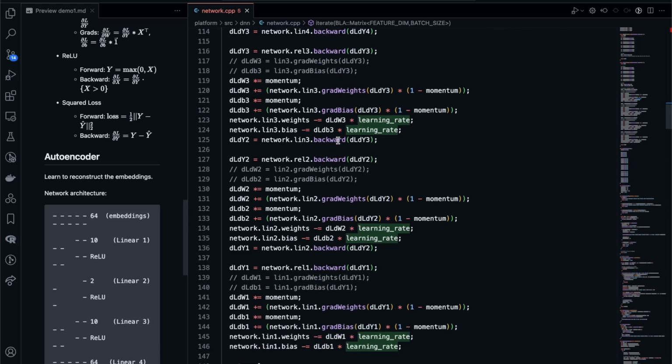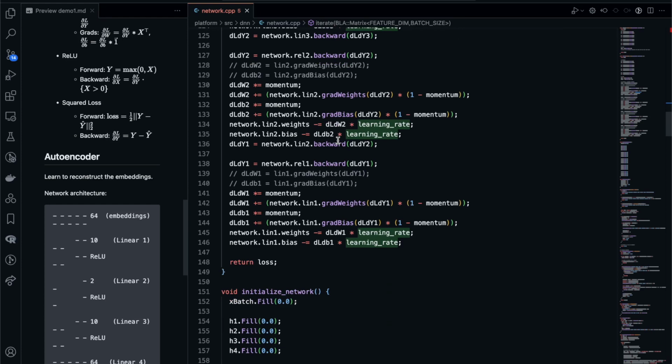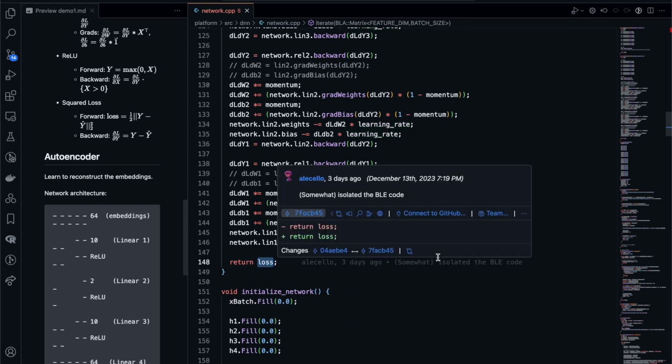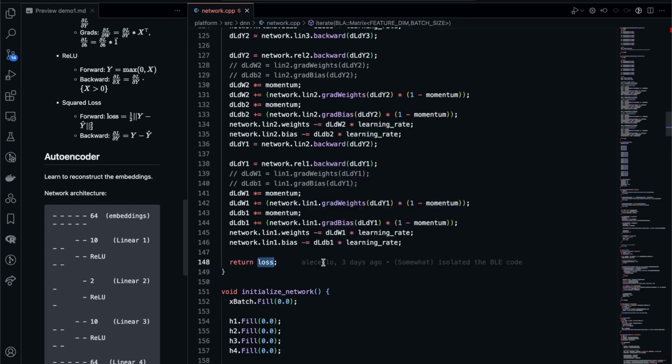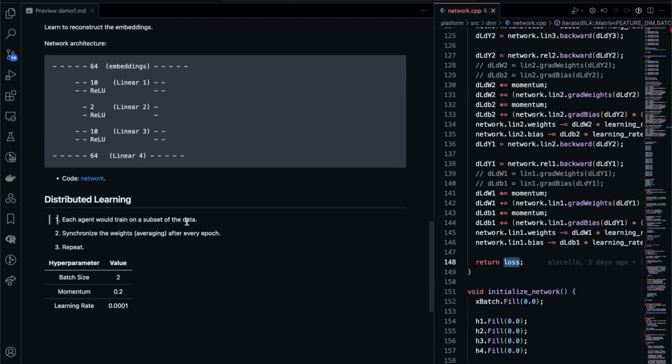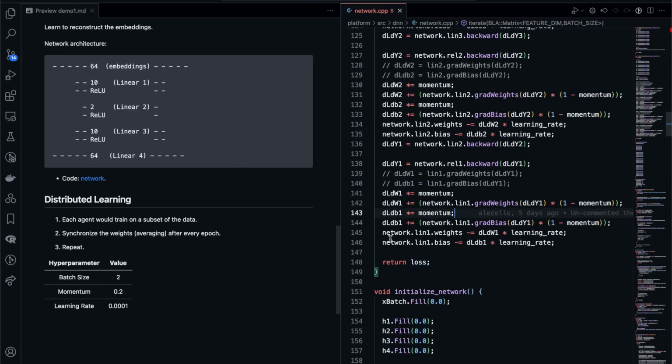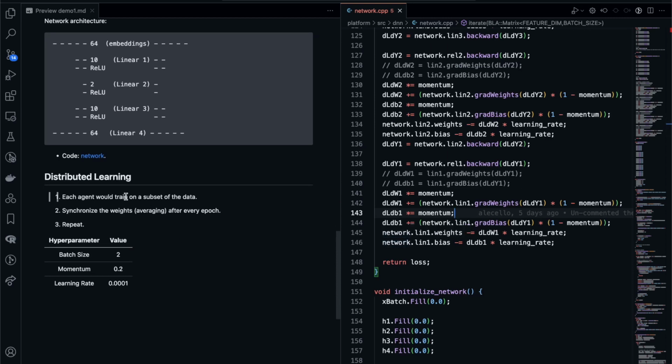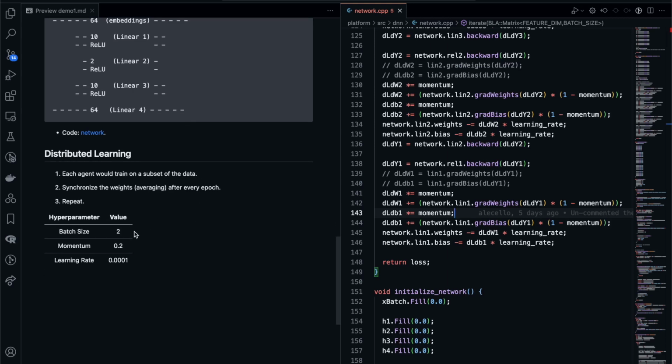We do that in the reverse order, and that would give the reconstruction loss. That would be a training epoch run on an Arduino. In the case of distributed learning, each agent would be trained on a subset of the data, and then between the epochs we would do some sort of weight synchronization, which would be just averaging the weights, and we would repeat the process.